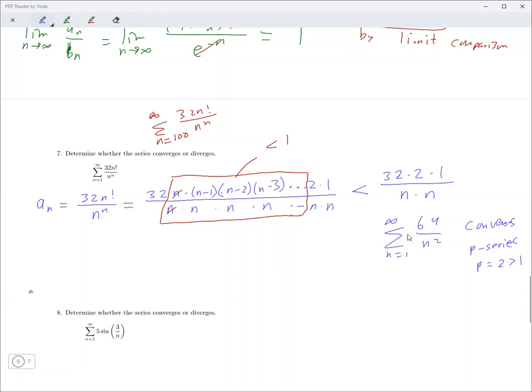Okay, so that will converge. So these terms right here are less than the terms in this other series that converges. Therefore, it converges by direct comparison.